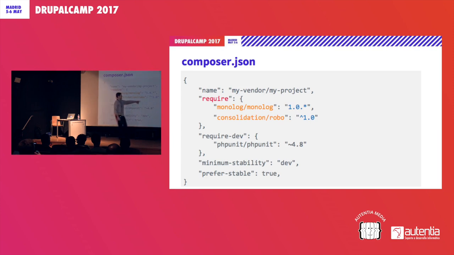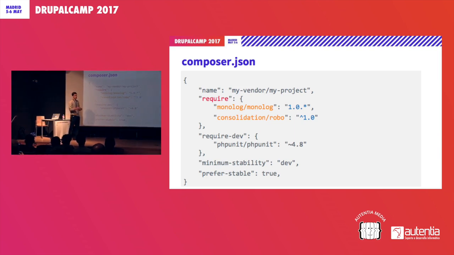So this could be 1.0.1, 1.0.2, or if there is a 1.2 version, then Composer will update to that one. However, with this constraint, if Robo includes a new major version, like 2.0, we will not get that version by default, which is good because normally changes in major versions will break compatibility with the old ones.